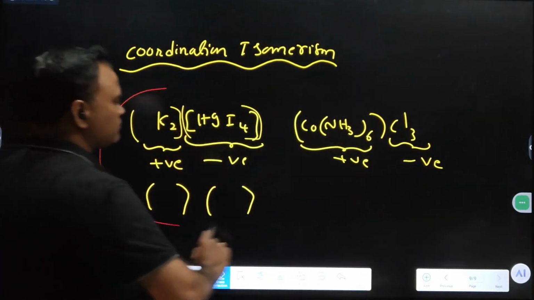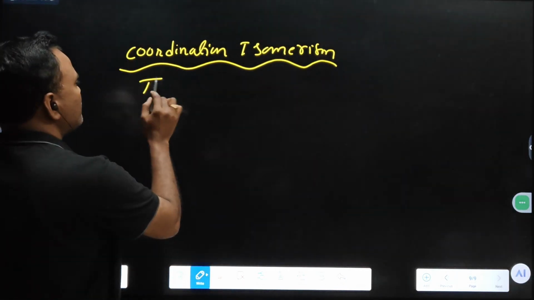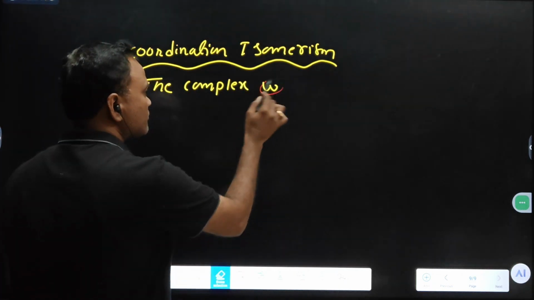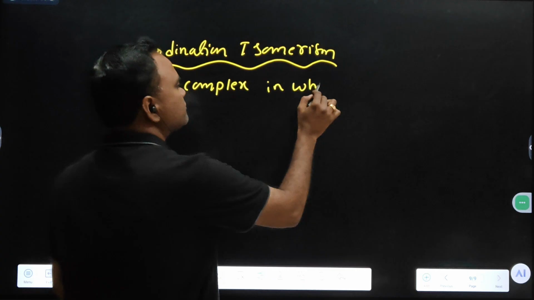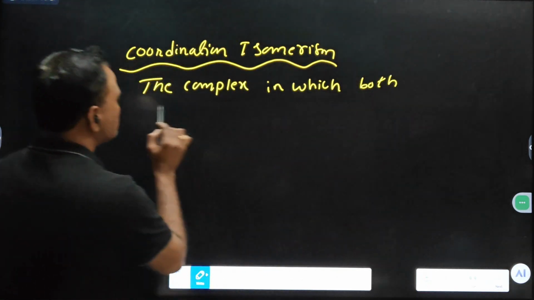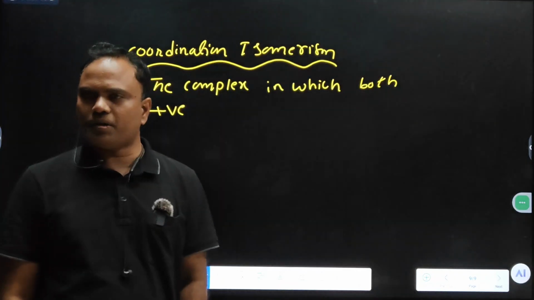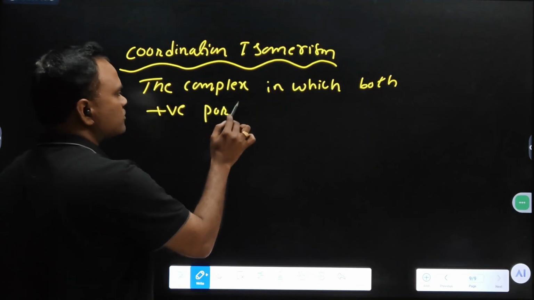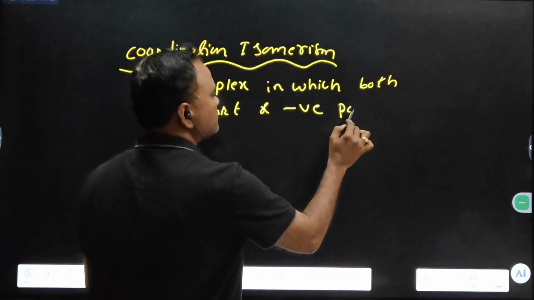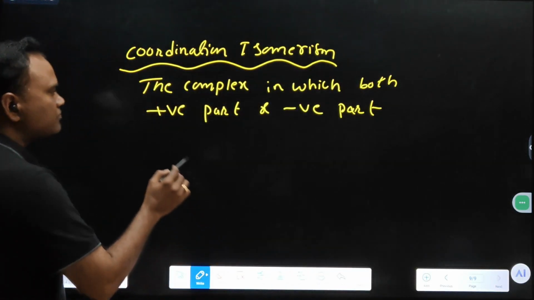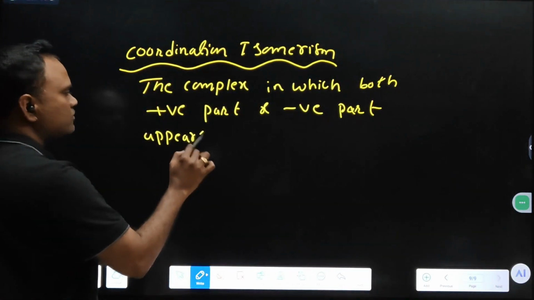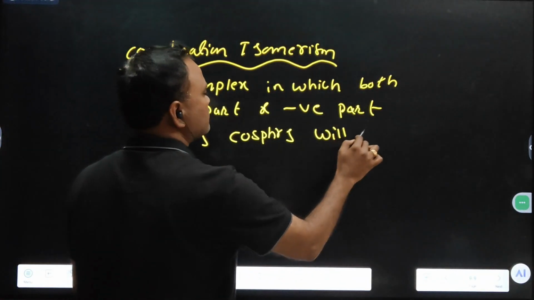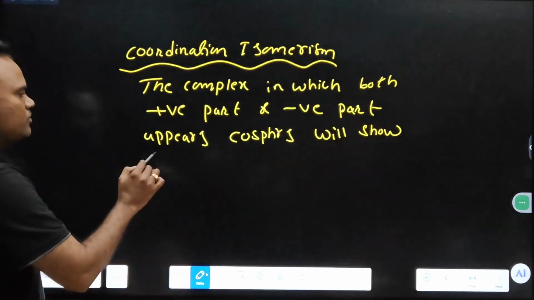The complexes in which both the positive part, the cationic part, and the negative part appear as coordination spheres will show coordination isomerism.